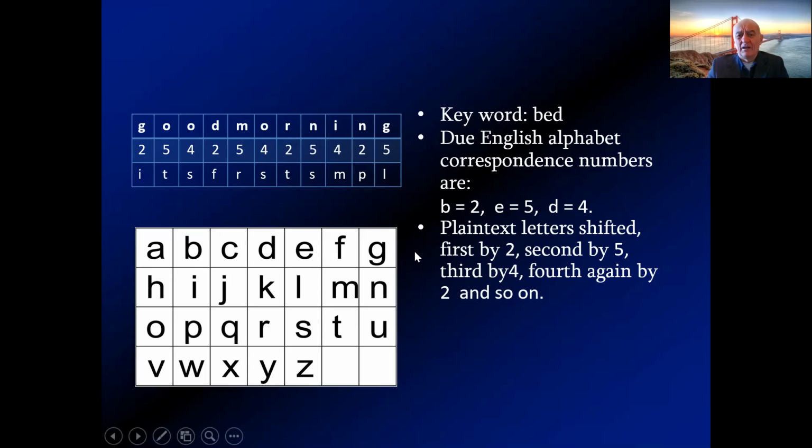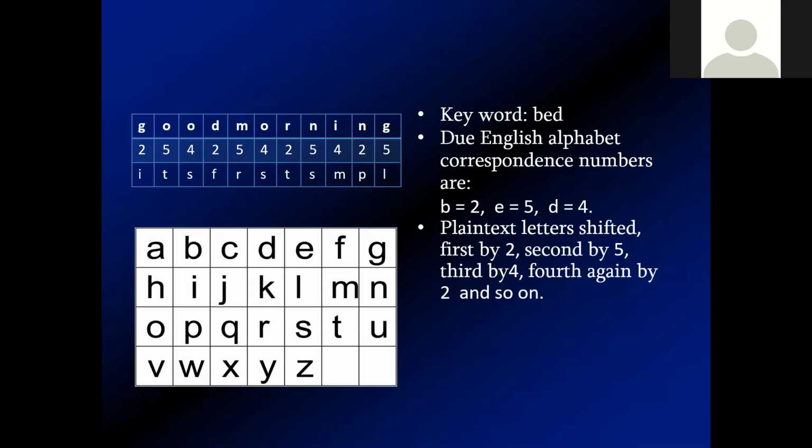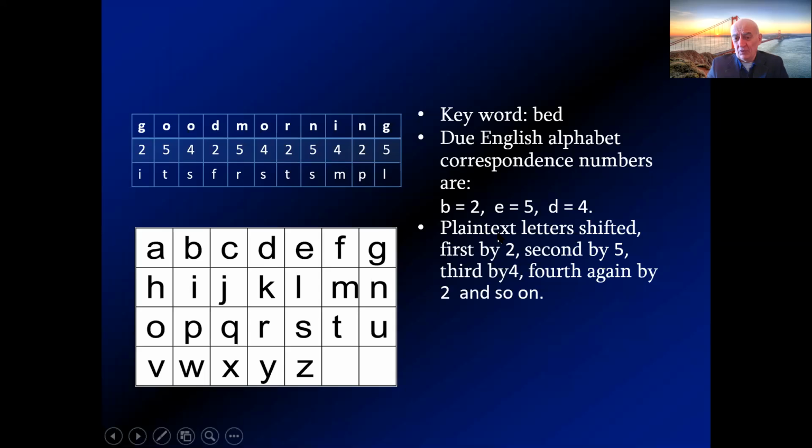Here we are shifting letters, but in the cipher of the first generation, we shifted letters by the same unit. And here in the new generation cipher, we have a keyword.